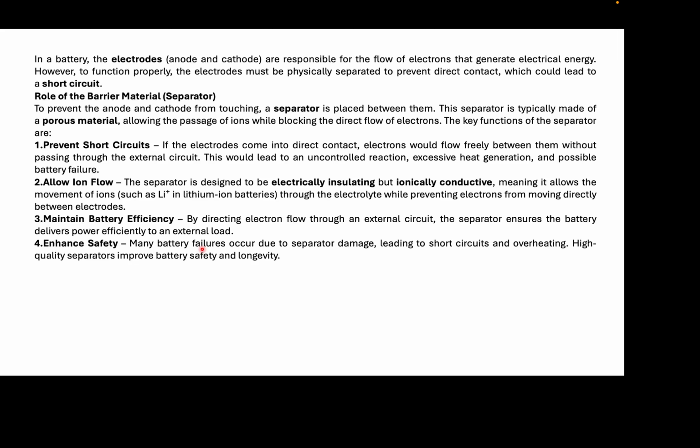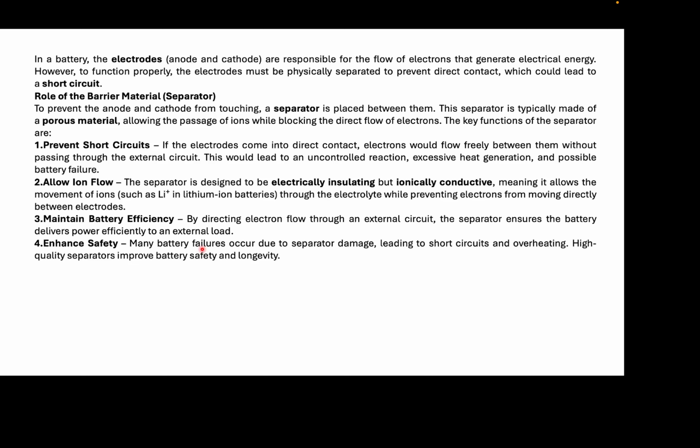This is important, right? Otherwise, if it is not electrically insulating, again, by keeping a separator, the job will not be done at the end of the day. Why are we keeping a separator? So that there should be no short circuit and no free flow of electrons, right?